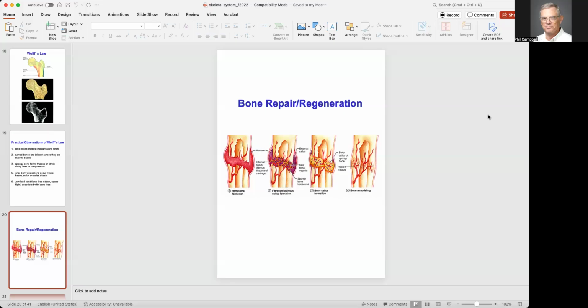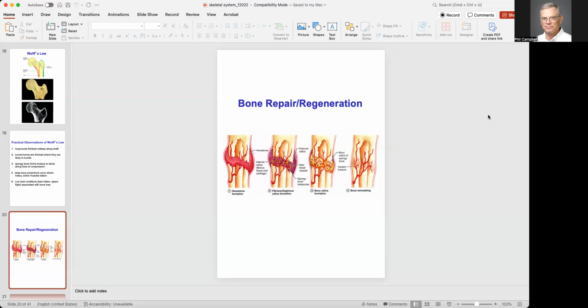So what happens early in time, here's our hematoma. We need to provide structural stability of these two broken ends. We want to keep them approximated to each other, mechanically stable. And that's the cast, so that you can walk, be ambulatory during this phase.